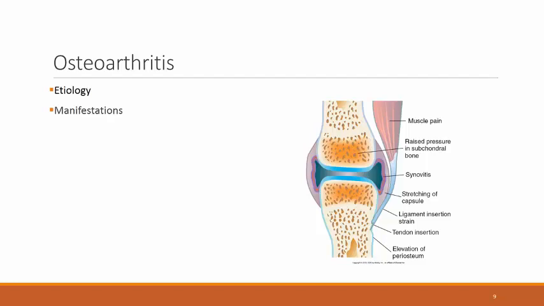So the patient will have pain, stiffness, enlargement of the joint, tenderness to touch, mobility issues, and deformity. Sometimes you will see severe osteoarthritis in the knee, with the size of the knee significantly increased, but again, this is just an idiopathic disease.